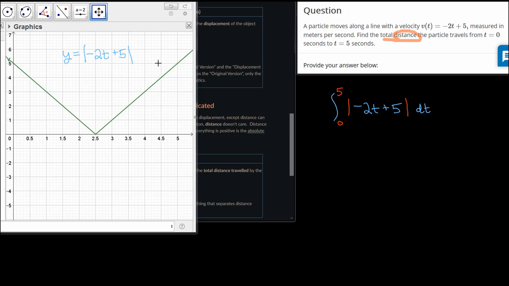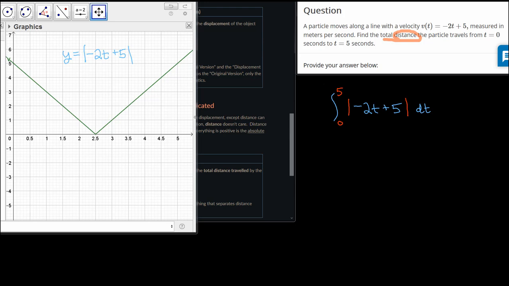The name of the game here is that we want to be able to rewrite this function so that we don't have the absolute value signs anymore. Because again, I don't know how to integrate something like that. I don't have any integral rules for dealing with this absolute value.